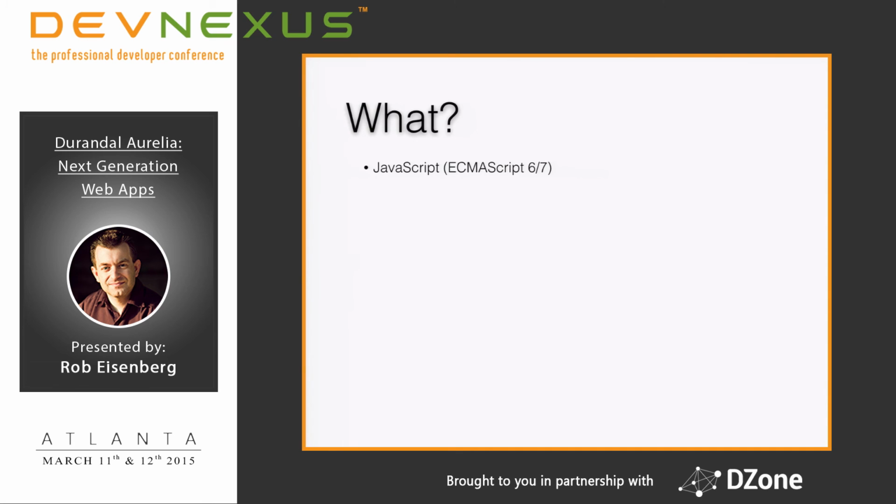But ECMAScript 6 and ECMAScript 7 really transformed the browser into a much more robust programming platform from a language perspective. And so Aurelia is one of the first frameworks to be written with modern JavaScript.